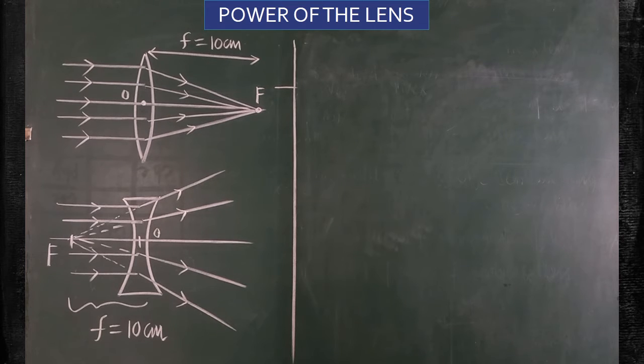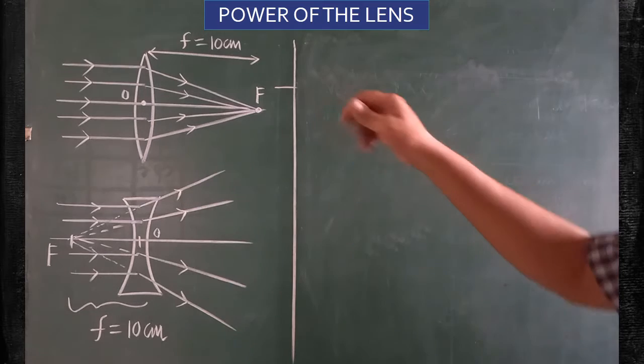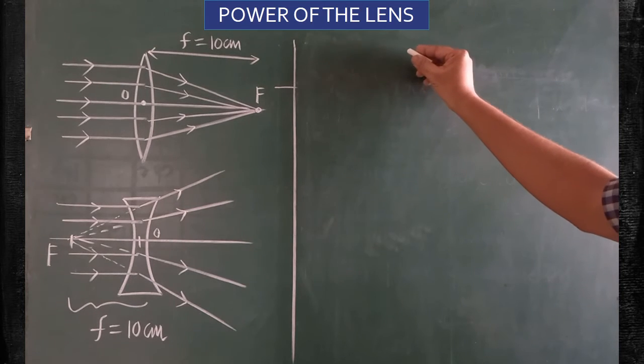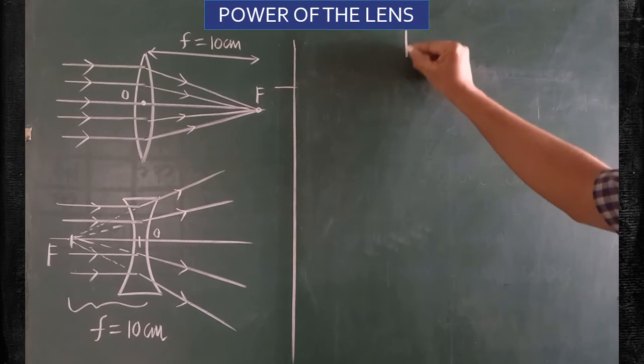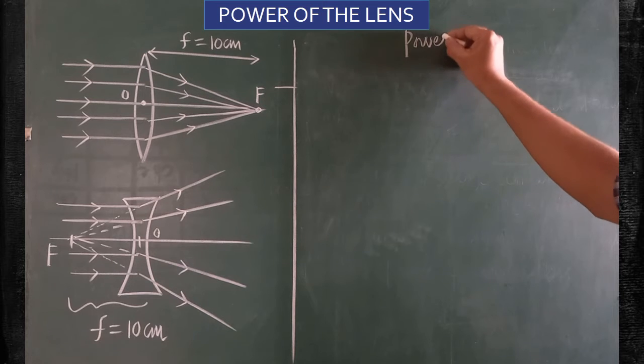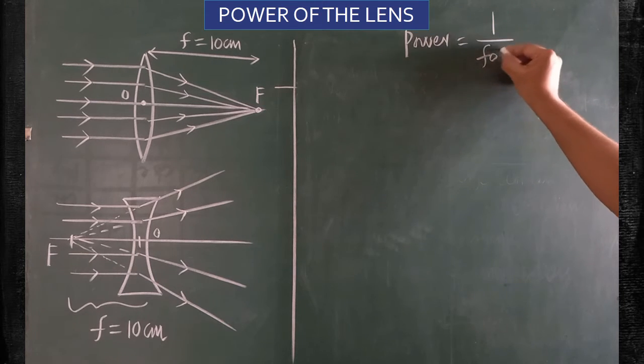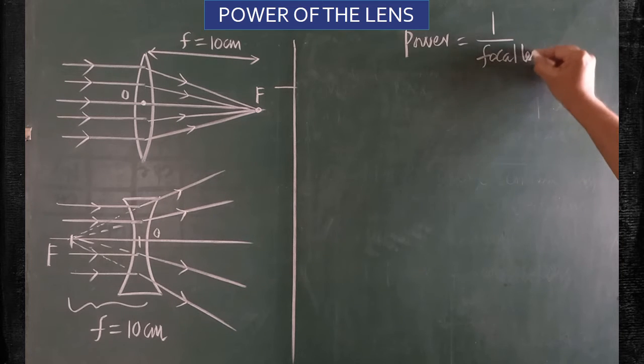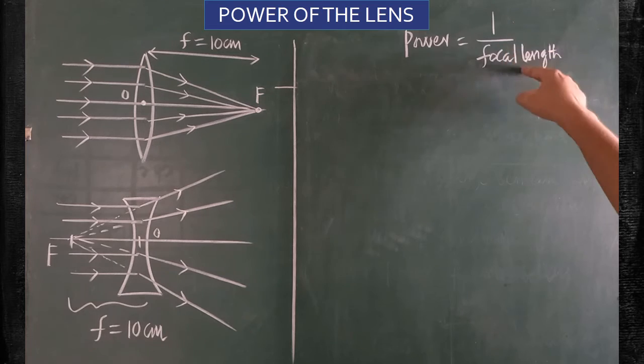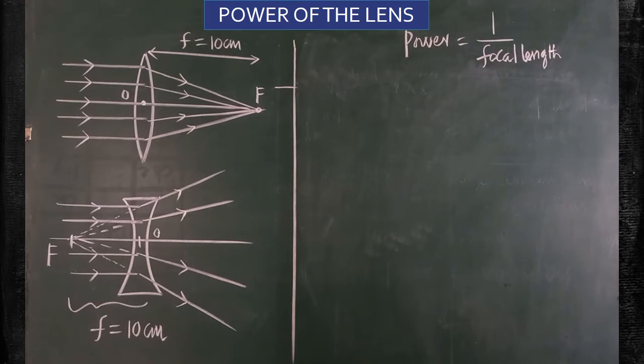Now we are going to learn how the power can be calculated. That power of the lens is purely determined by the focal length of the lens. The formula is: power of the lens is nothing but the reciprocal of the focal length. Understand? Focal length is to be measured, and that is to be reciprocated. 1 by focal length gives you the power of the lens.